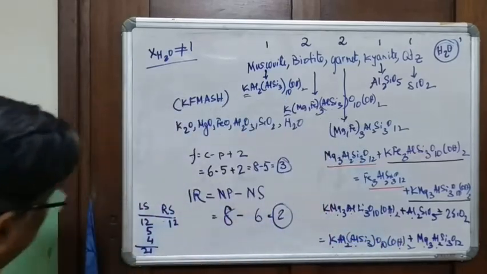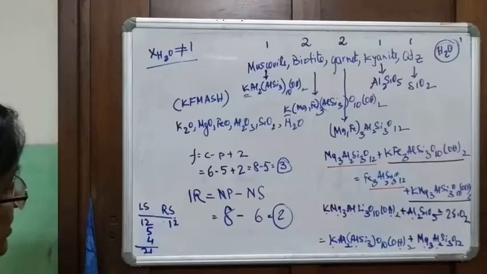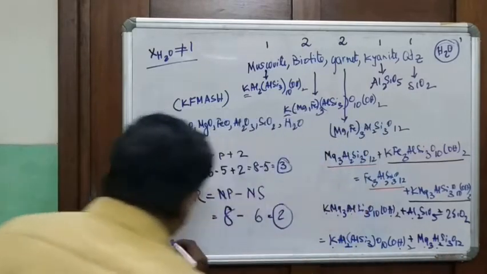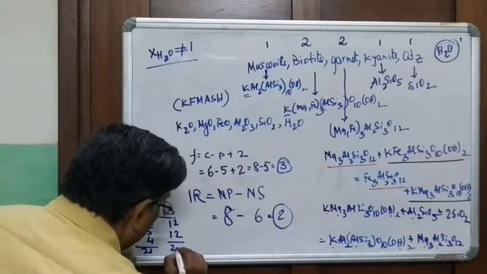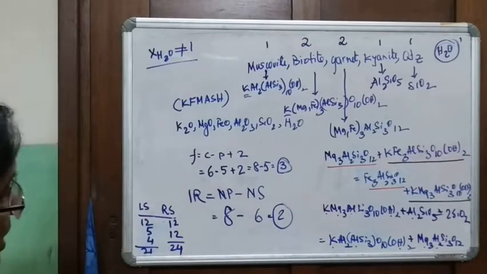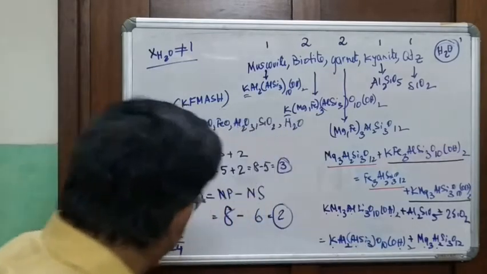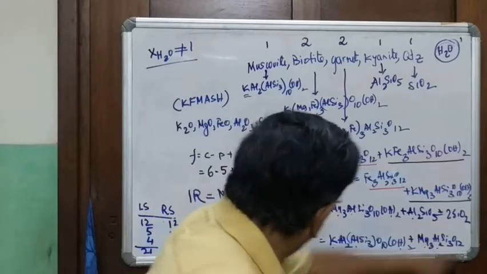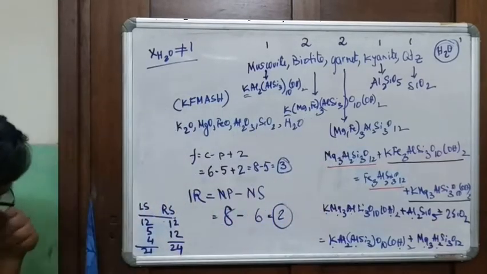There must be a mistake somewhere. Right hand side, oxygen is 12 plus 12, 24. Something is wrong. Let me check. 2 plus 10, 12. Oh, now oxygen is 5 plus 4, 9.